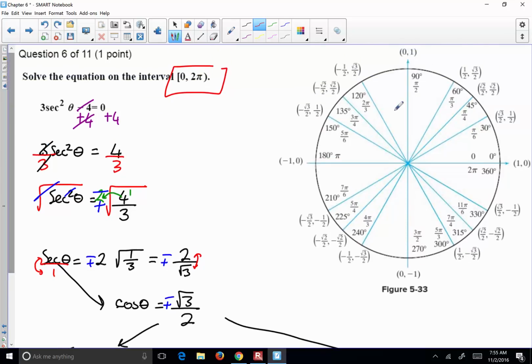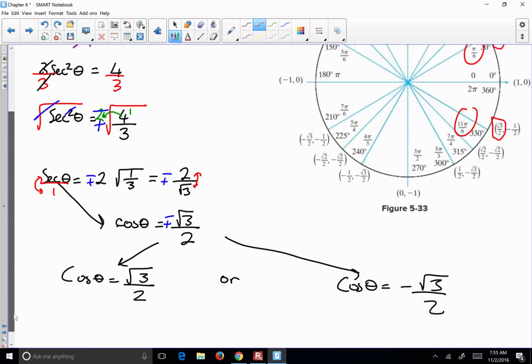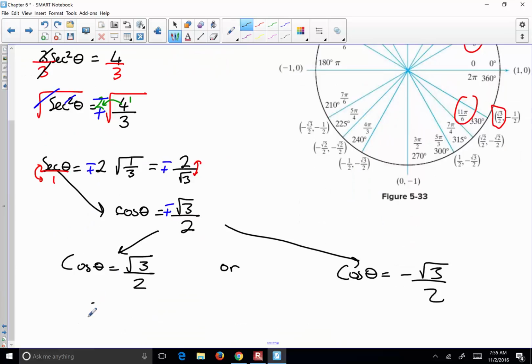So again, let's look up root 3 over 2. Which x coordinates have root 3 over 2? One and two, right? What angles are those? Pi over 6 and 11 pi over 6. Okay, what angles provide an x coordinate of negative root 3 over 2?